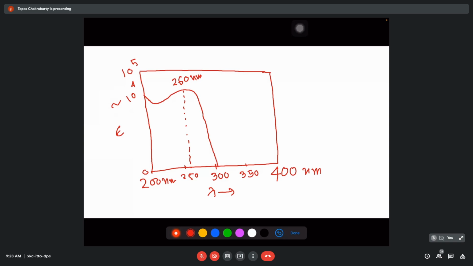For all five nucleobases the maximum is close to 260 nanometer, and the epsilon value is about 10 to the power 4. The unit is per molar per centimeter, so that the overall absorbance is a dimensionless quantity.